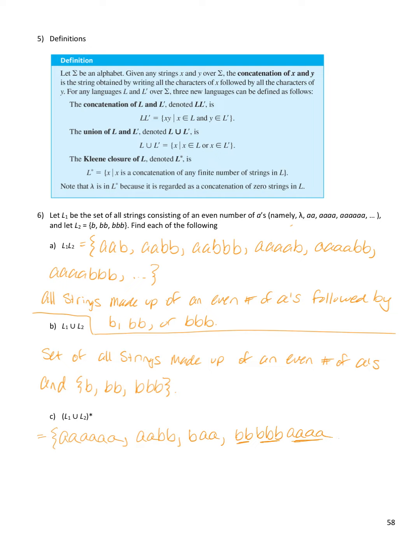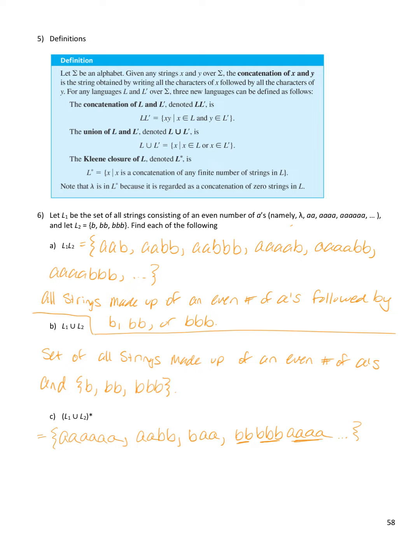So let's see if I can describe in words what these all look like. Here I have no B's, here I have 2, here I have 1, here I have 5. I could make any number of B's by concatenating B, B, B, and B, B, B. I can make any number of B's I want in a grouping. But my A's, whenever they get grouped together, they always come out even.